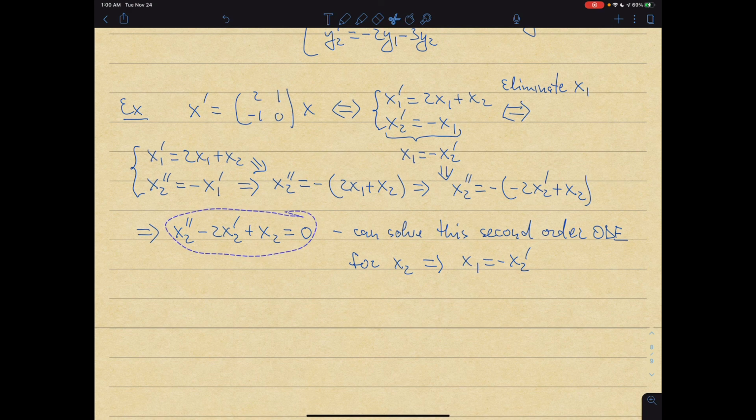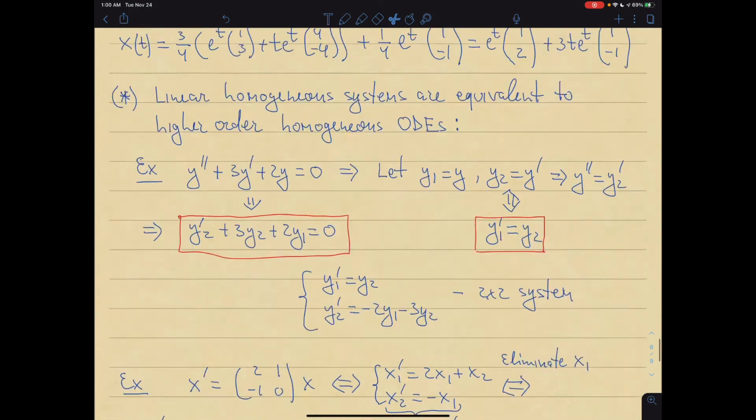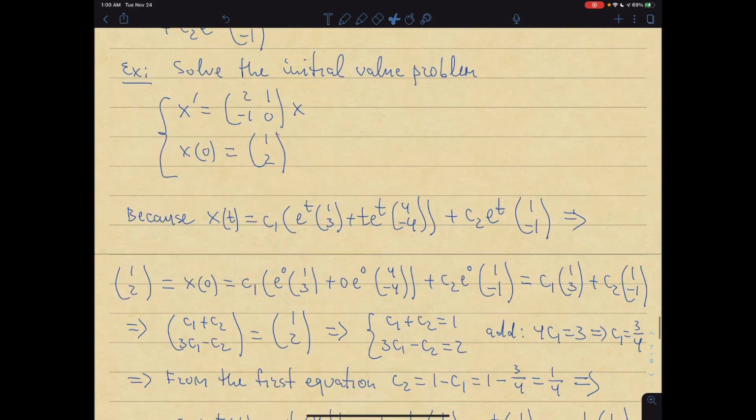Would I be able to derive the initial conditions for x2 from these initial conditions that I see here? That actually is very easy to do, because what these initial conditions mean is that x1 of 0 is 1 and x2 of 0 should be 2.